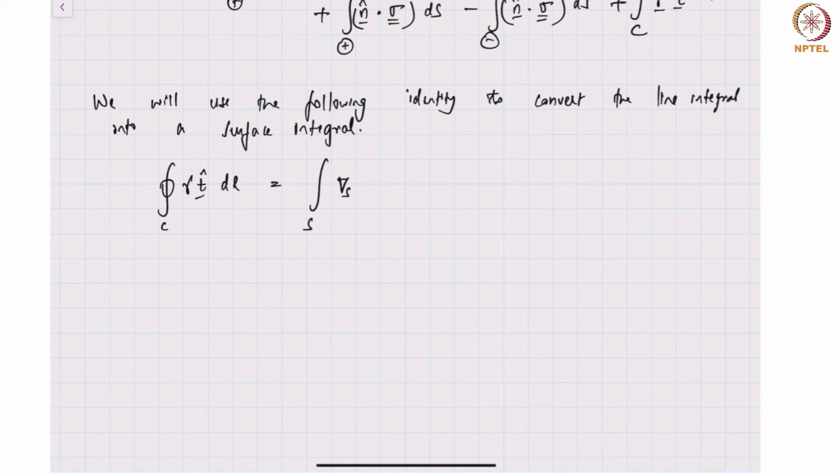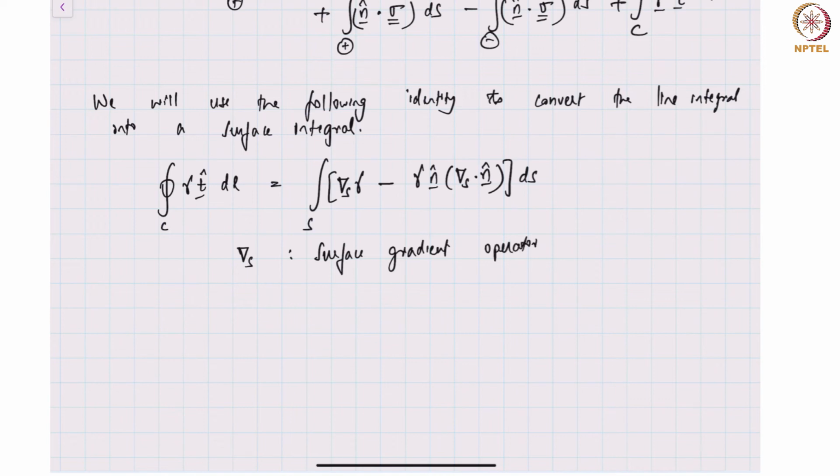I have del_s gamma minus gamma n hat del_s dot n, ds, where del_s is a surface gradient operator.